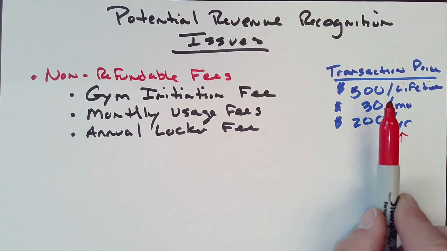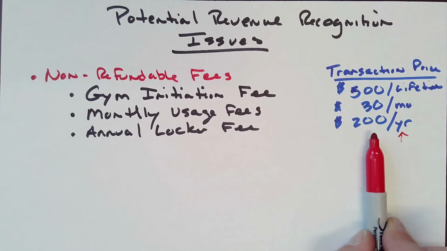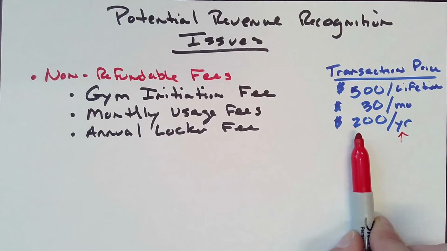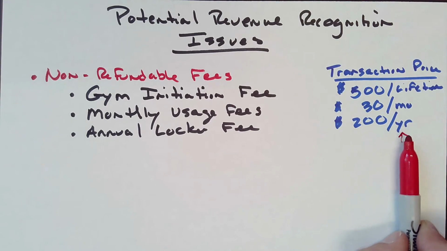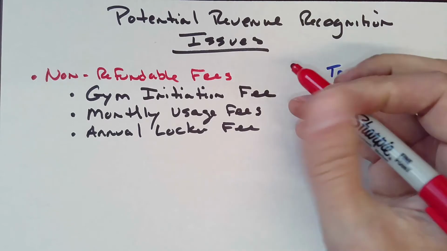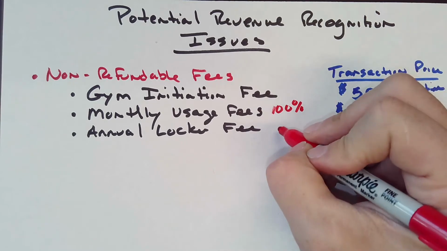When I come to the first month, I can only recognize 1/12 of this $200 because I haven't satisfied the full performance obligation. I've got to make this locker available to them for the year. So here I get to recognize 100% for the month. Here I recognize 1/12.